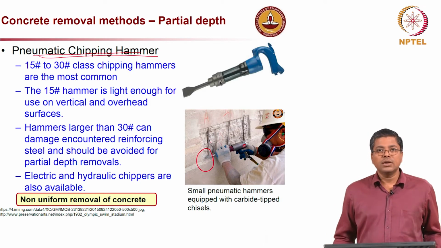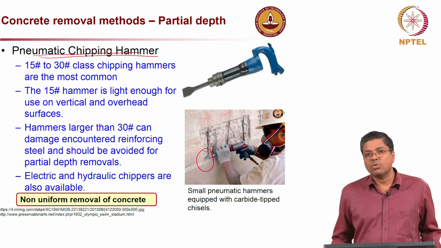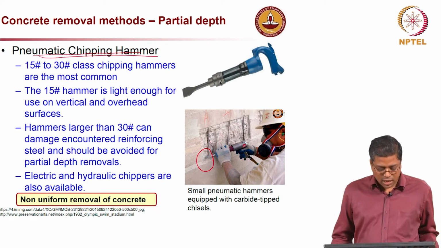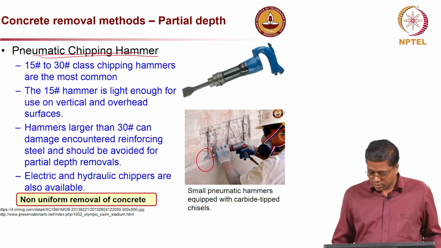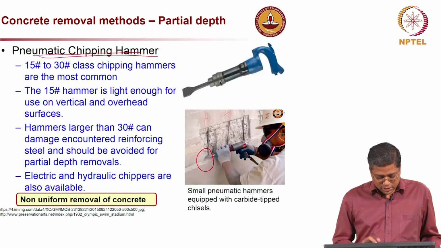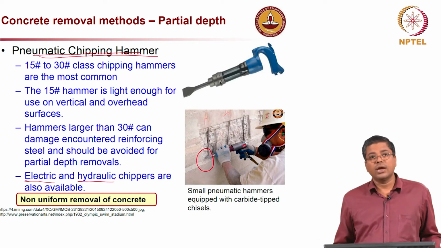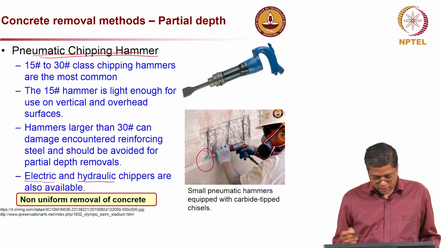But here the manpower and time required are much less, because everything is done in a mechanical way, and automatic tools are available. Chippers working on electronic and hydraulic principles are also available.